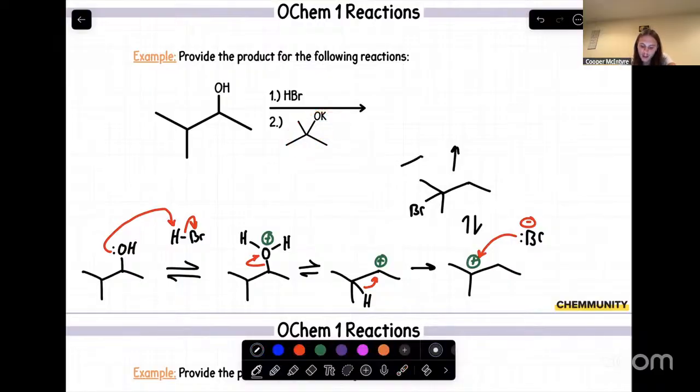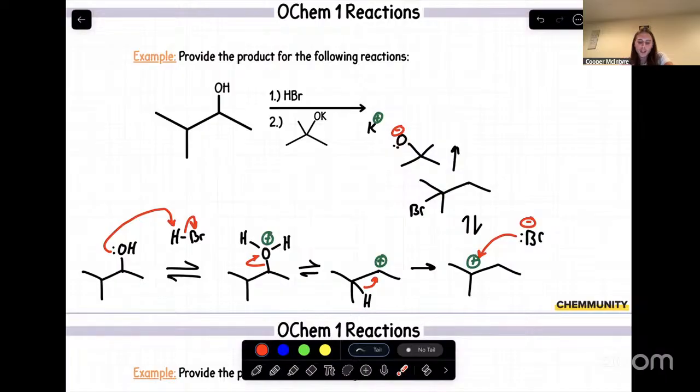So that tert-butoxide actually looks something like this, where we have a negative charge on that oxygen, and then that potassium is just a spectator ion floating around, not really doing much. And what we have here is we have a good leaving group in a tertiary position, and then we also have a strong base.